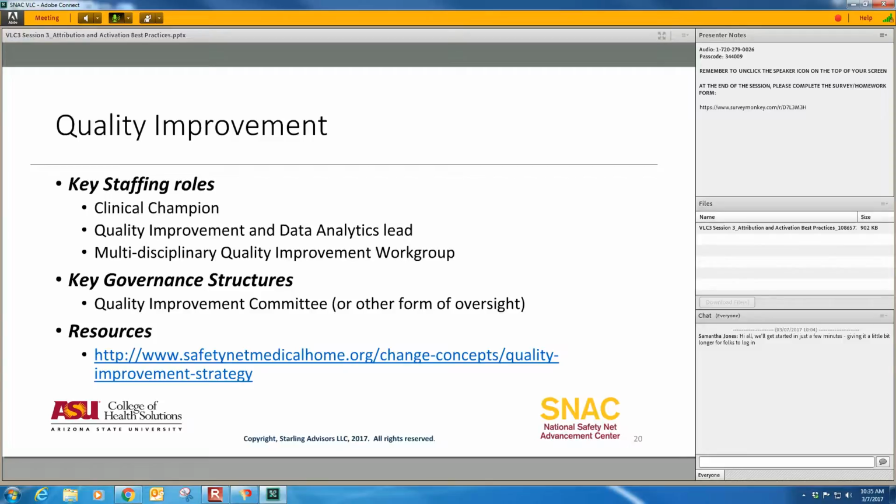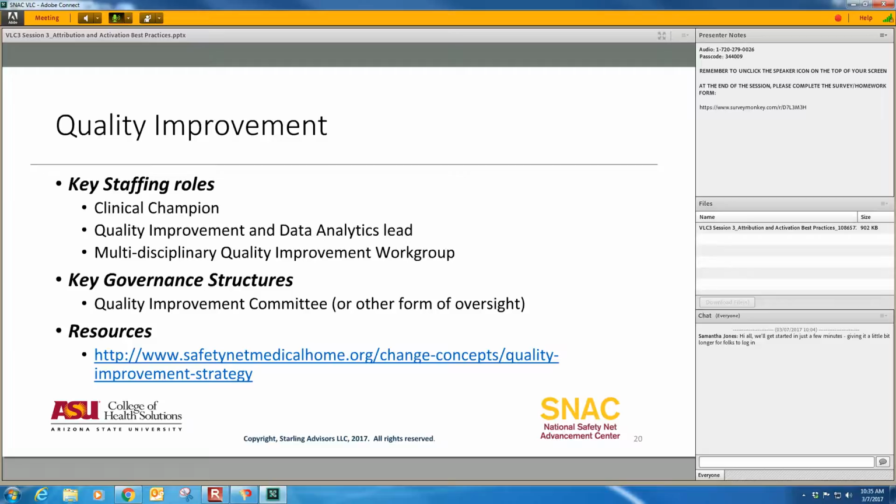I think it can be really valuable to have people from all different disciplines who touch different pieces of your data. I mean, your data collection starts at your front office when your patient shows up, so it makes sense to have some type of representative that can speak to that and identify areas where you may be introducing inaccuracies without even knowing it. So I think a multidisciplinary work group is really important in your staffing structure here.